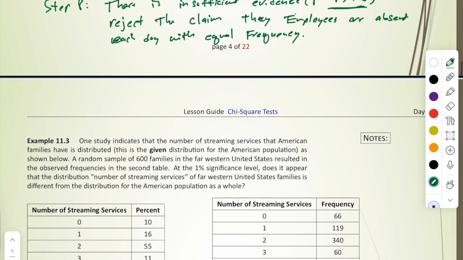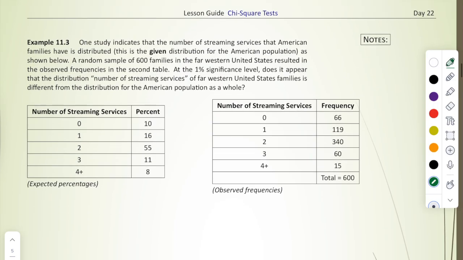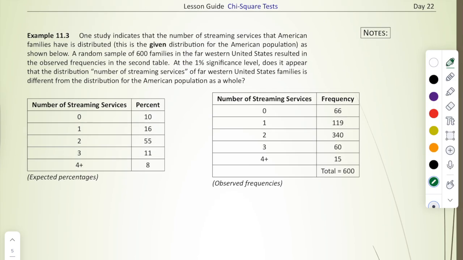Okay, let's go ahead and take a look at example 11.3 now. One study indicates that the number of streaming services that American families have is distributed as given, and this is the given distribution for the American population, as shown below.